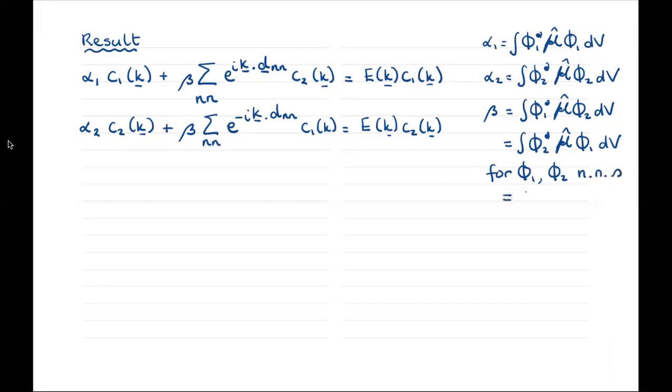And otherwise, it's equal to 0. So the beta term represents the ability of the electron to move from wave function phi 1 to wave function phi 2. It's the bonding integral in the solid.